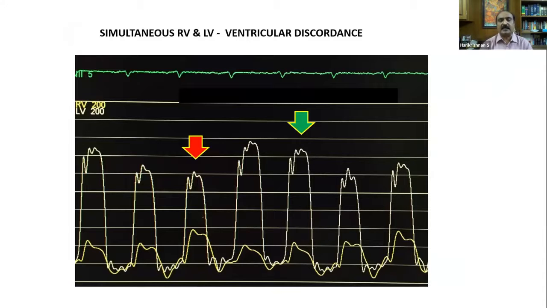In this tracing, the red one is the inspiration and the green one is the expiration. During inspiration, due to the different mechanisms which I discussed, the left ventricular output will come down, and the right-sided output will go up. So there is a rise in the RV pressure and a decrease in the LV pressure. This is called the ventricular discordance.